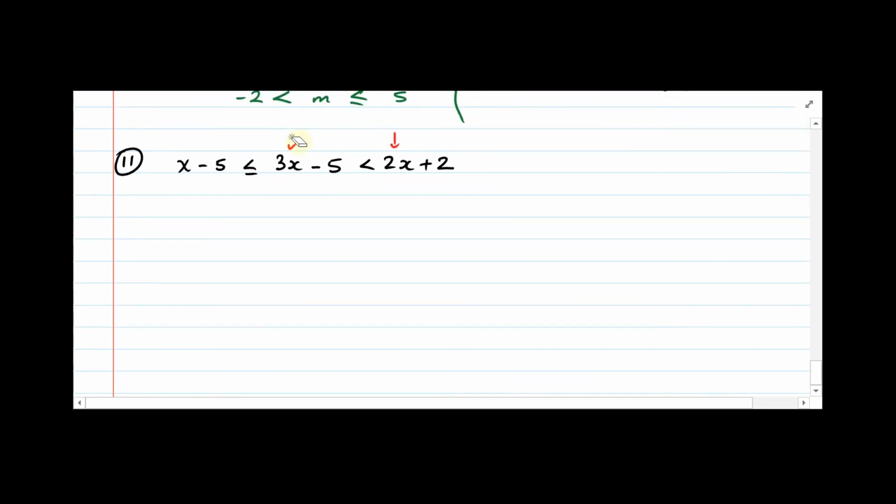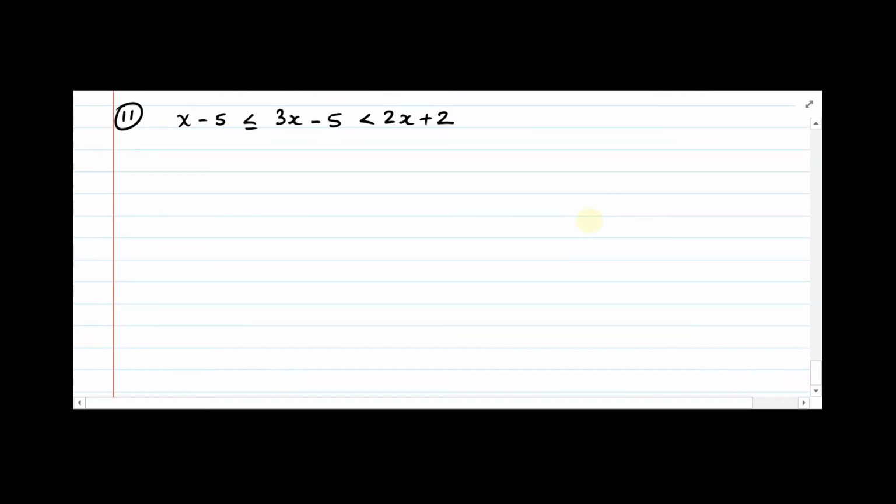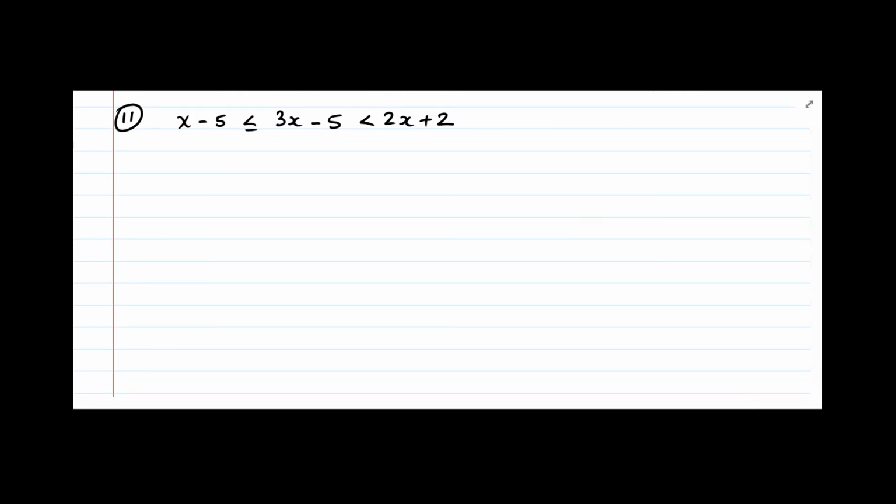So what we'll have to do is call back on our knowledge of this, and recall something. When we had A is less than B is less than C, I want you to remember that this can be written as A is less than B and B is less than C. If you further need to change the order of that part, that's fine, but I don't really care about doing that right now.